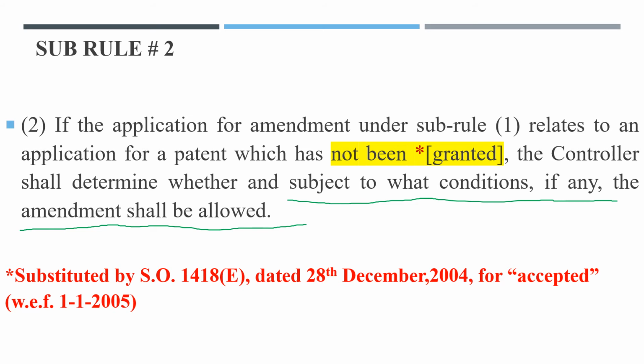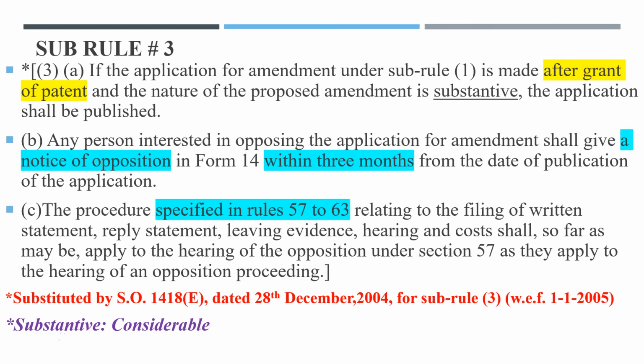Next we can go to subrule 3. Subrule 3 has 3 clauses actually. Clause A says, if the application for amendment under subrule 1 is made after grant of patent and the nature of the proposed amendment is substantive, the application shall be published. Clause B says, any person interested in opposing the application for amendment shall give a notice of opposition in form 14 within 3 months from the date of publication of the application.